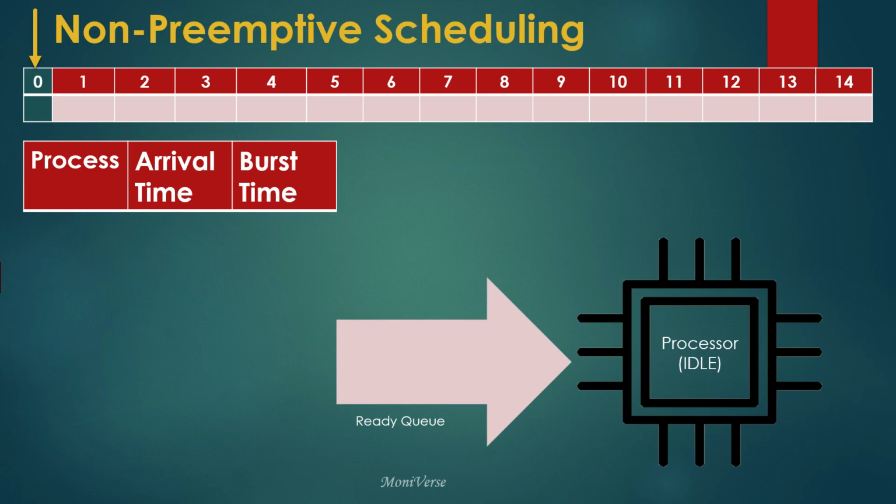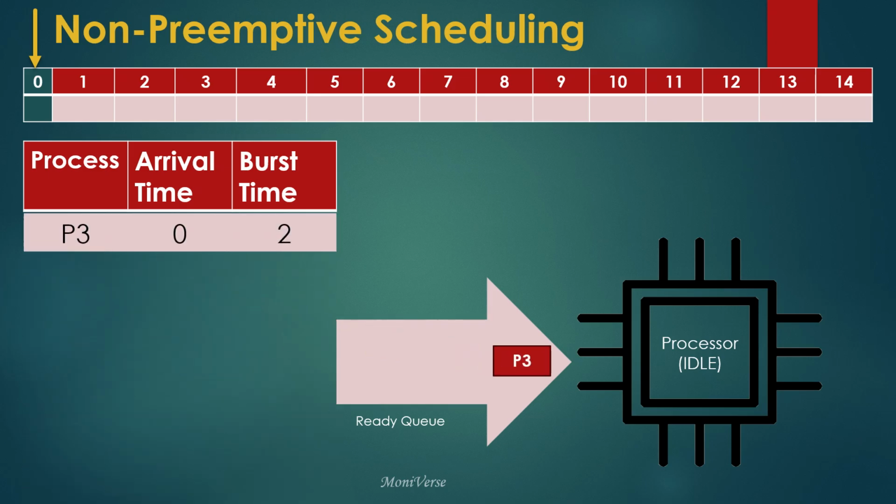So now let us see the illustration of non-preemptive scheduling. At time 0, process 3 enters the ready queue with burst time 2. As the CPU is idle, the process P3 enters, starting its execution from time 1.